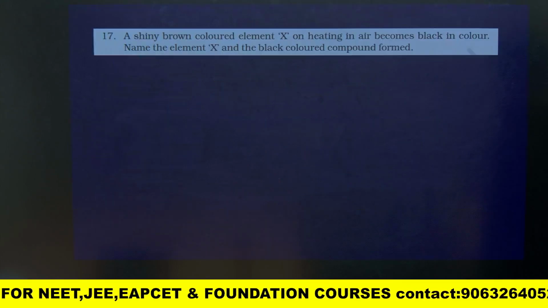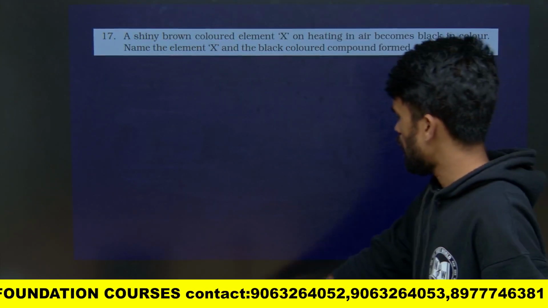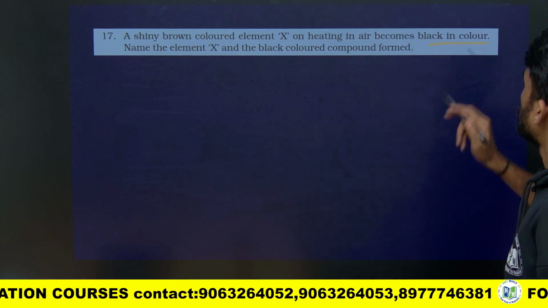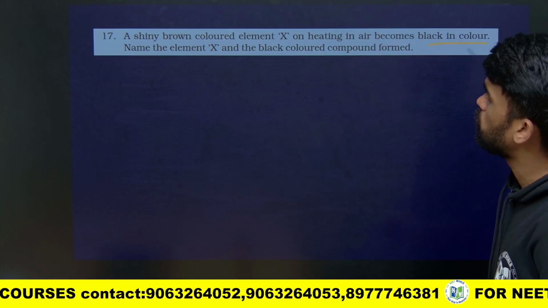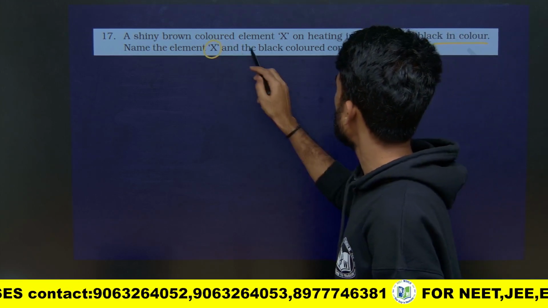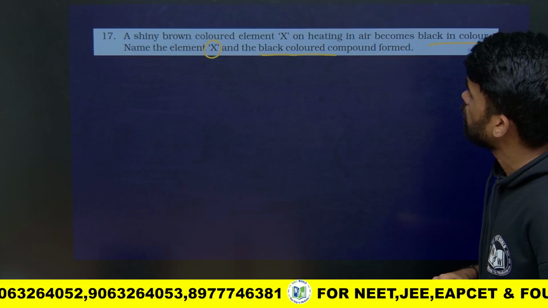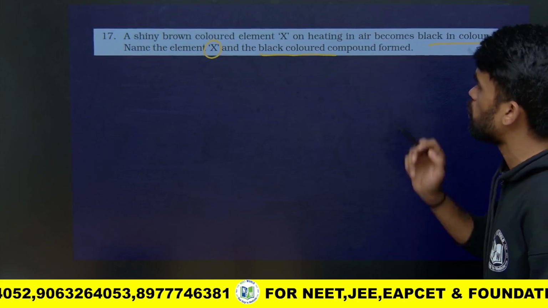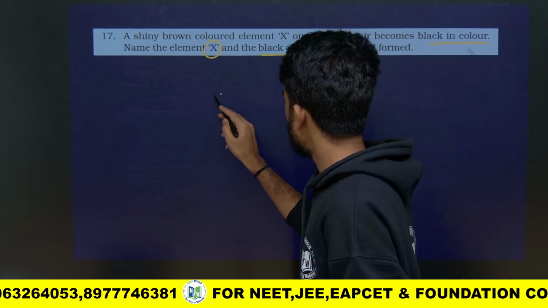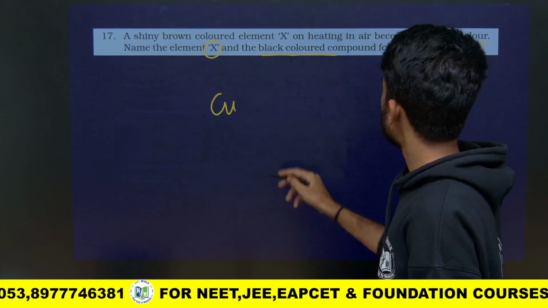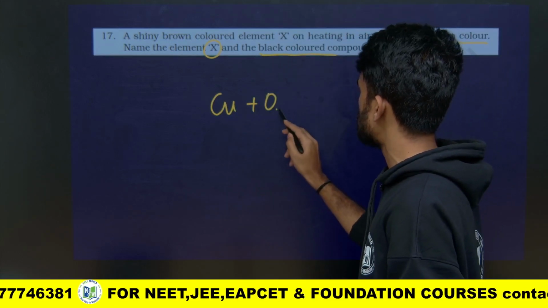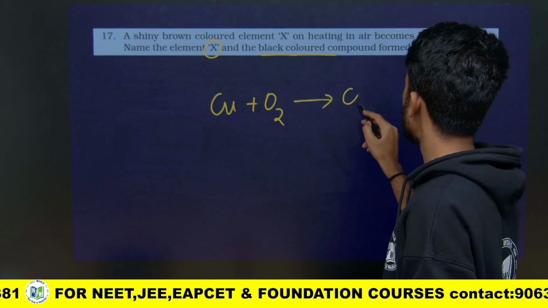Okay, let's move further. A shiny brown colored element X upon heating in air becomes black in color. What is the name of that element X? And the black colored compound formed is, see, we know copper is there, so when it is exposed to oxygen, it will form CuO.